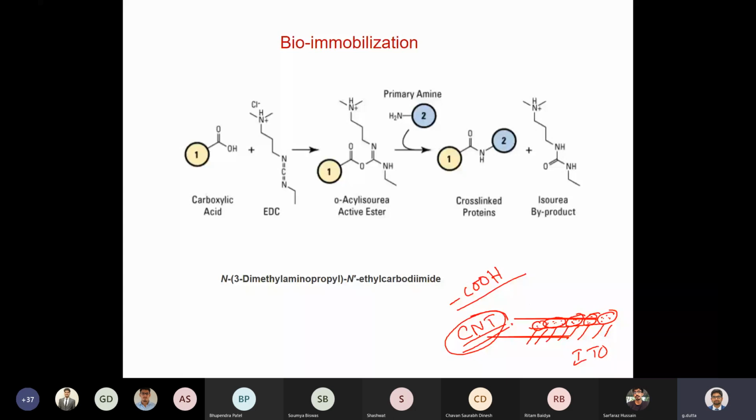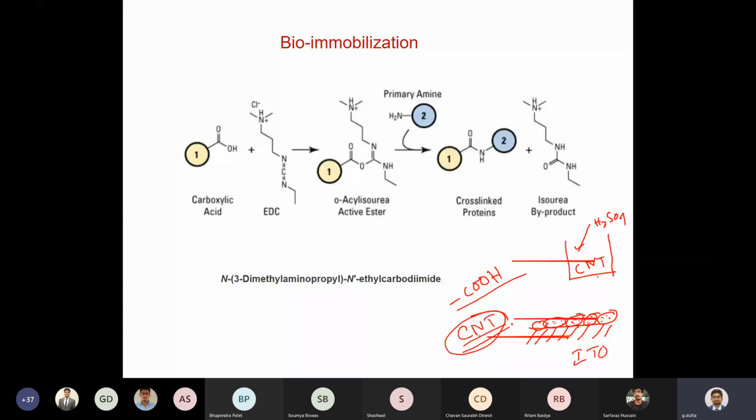In a small beaker, you can take CNT, carbon nanotube, and add some concentrated acid like sulfuric acid, and you can heat for 10 minutes or 20 minutes, and so many carboxylic acid groups will form on the carbon nanotube surface.